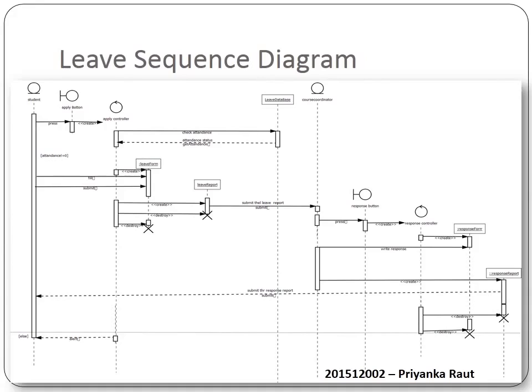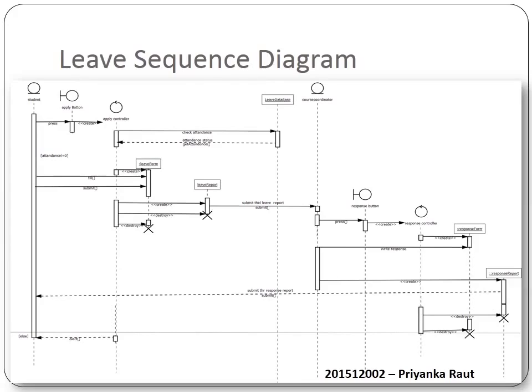After that, if attendance is not equal to 0, then the apply controller will generate a leave form. That form will be filled up and submitted by the student. Now, the apply controller will generate a leave report, and that leave report will be submitted to the course coordinator.